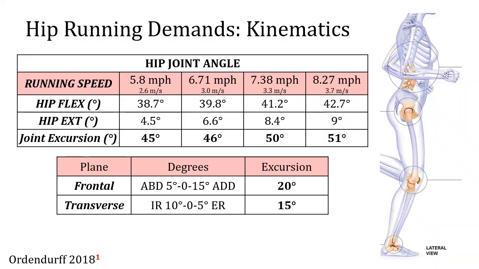Obviously, the maximum amount of hip flexion necessary here, at least if we're running at 3.7 meters per second or 8.3 miles per hour, is that they're not going to get up to 90 degrees of flexion. So your internal and external rotation would be looked at in more of a neutral or slightly flexed hip, but not a 90 degrees flexed hip.